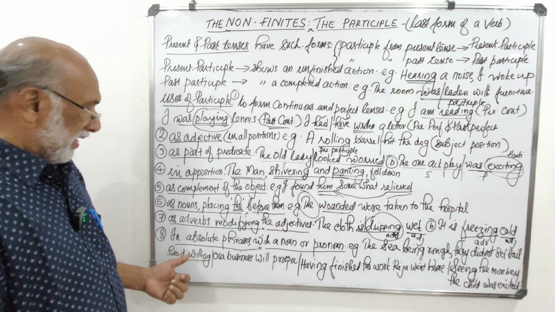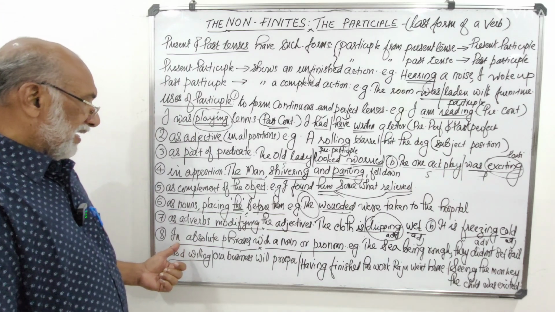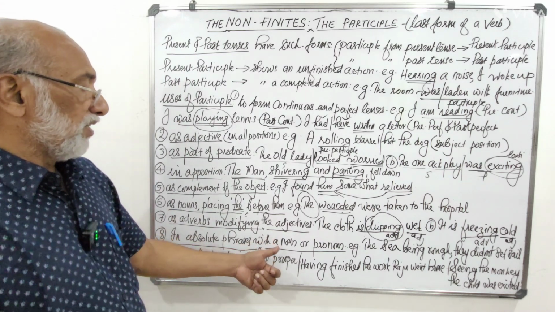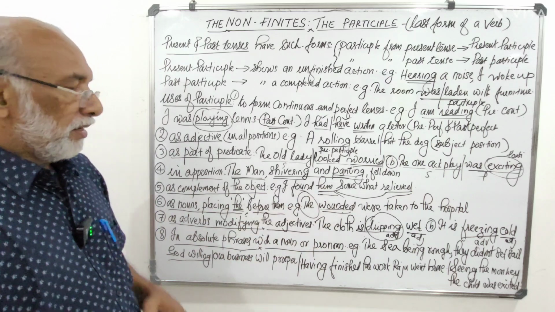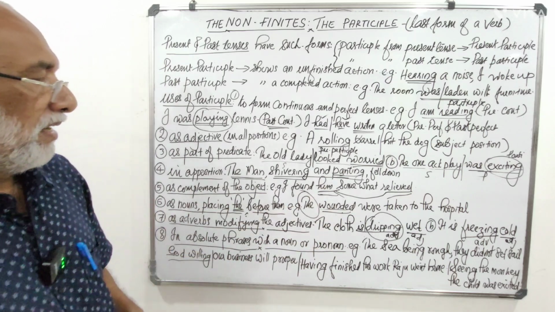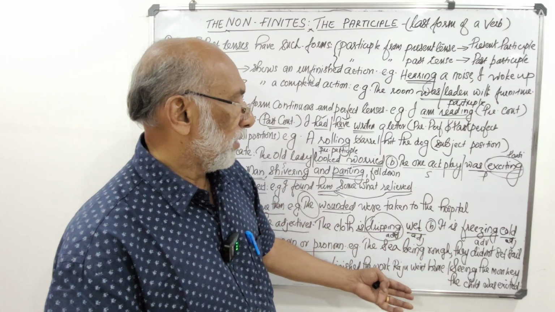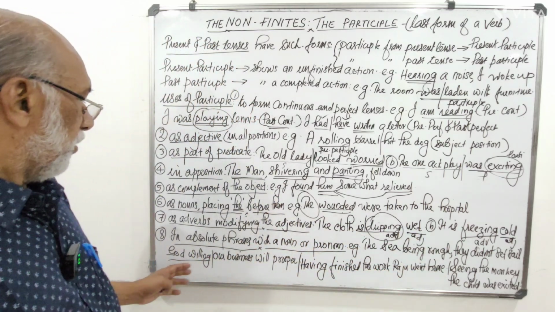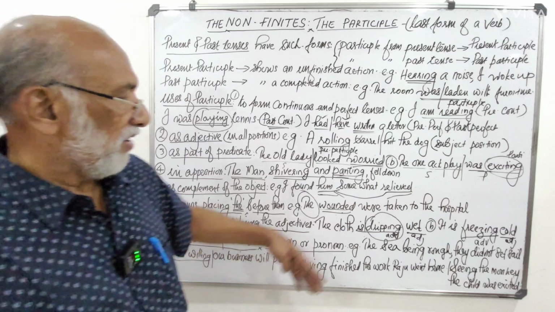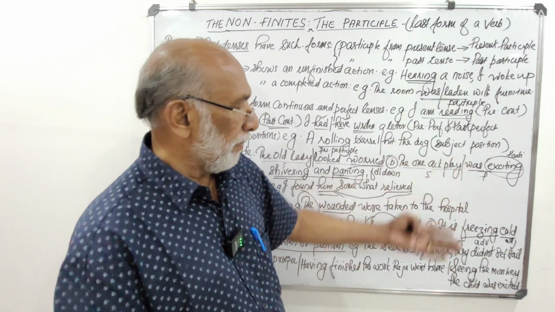Then coming to the last item, and that is in absolute phrases with a noun or a pronoun. Say phrases like the sea being rough, or God willing, having finished, seeing the monkey.